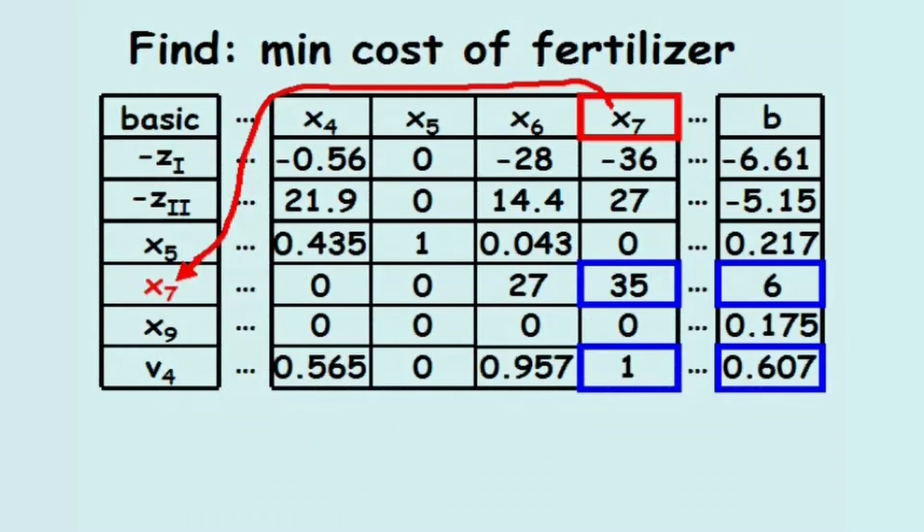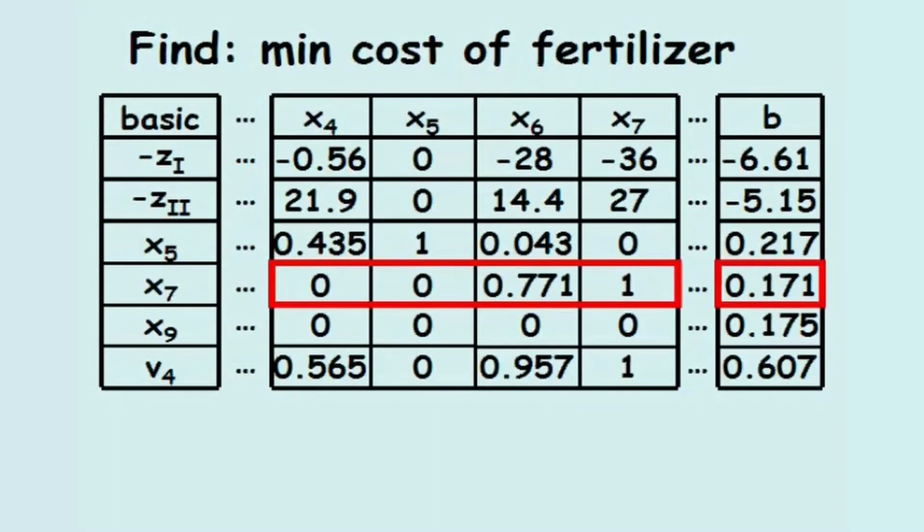Decision variable x7 becomes basic, and artificial variable v2 becomes non-basic, and row x7 is divided by 35. Next, 36 times row x7 is added to row z1, 27 times row x7 is subtracted from row z2, and 1 times row x7 is subtracted from row v4.